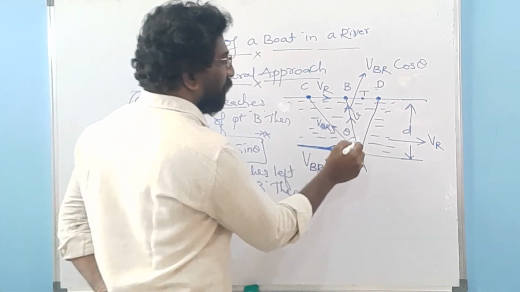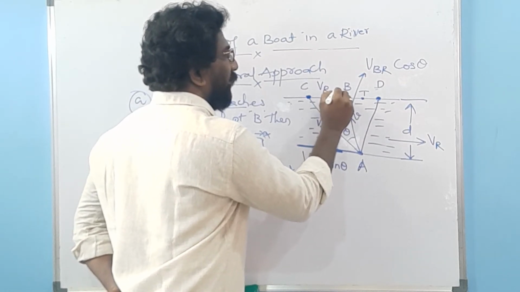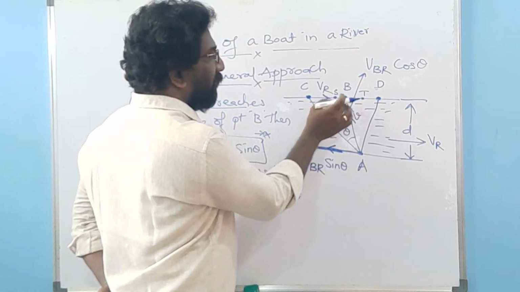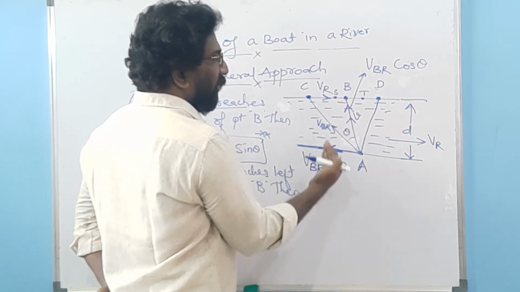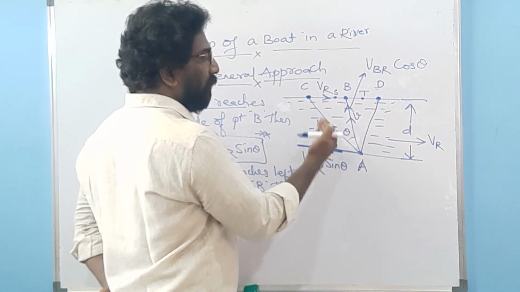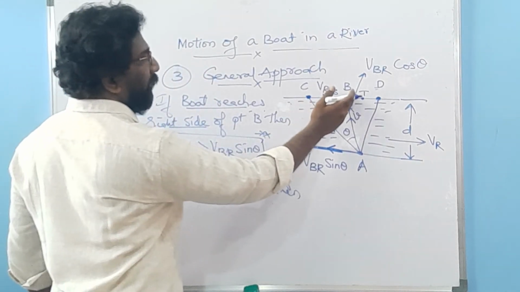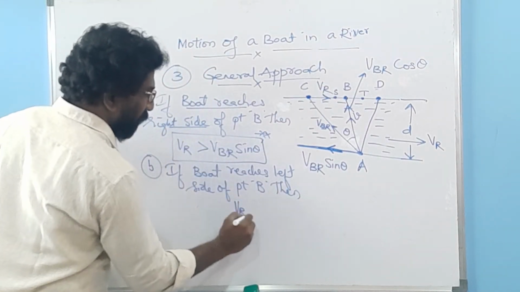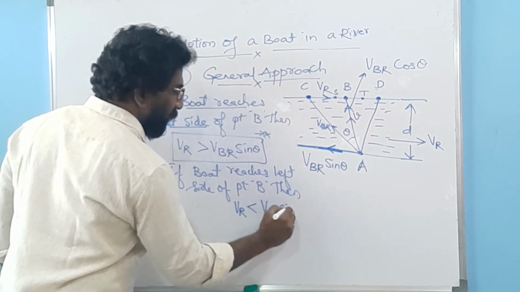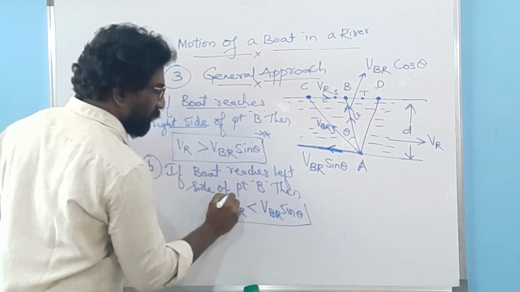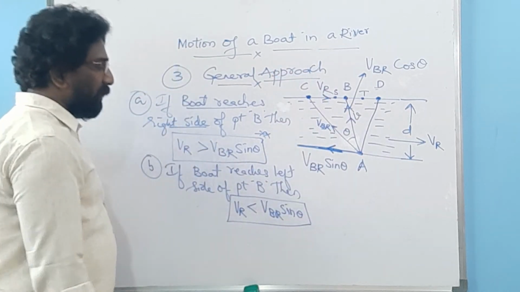It means that instead of my boat reaching point B, if it has reached only the point S over here, it means that your velocity of the river is much lesser than the velocity of the boat. Okay, so that's why it has not reached the point B. So the velocity of the river is lesser than the velocity of the boat. Therefore, you will be getting this condition. The boat will not be reaching the point B, but it will be reaching point S.